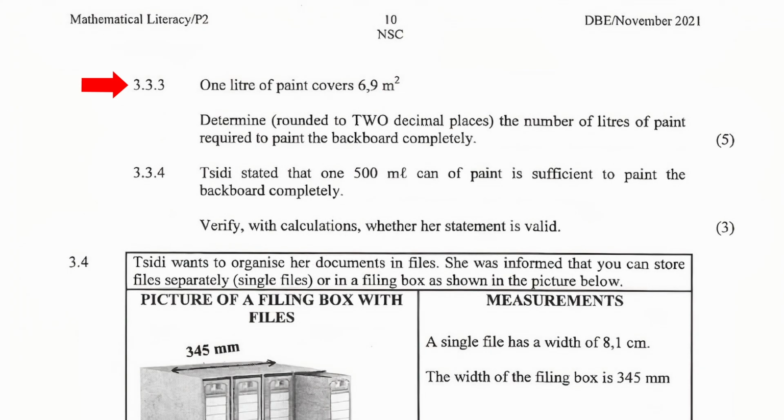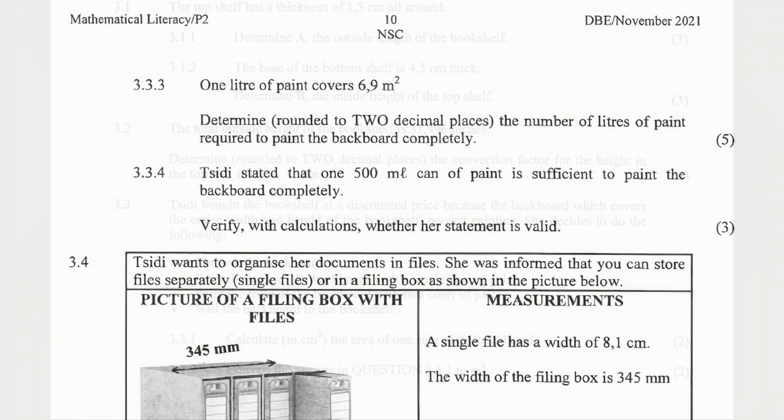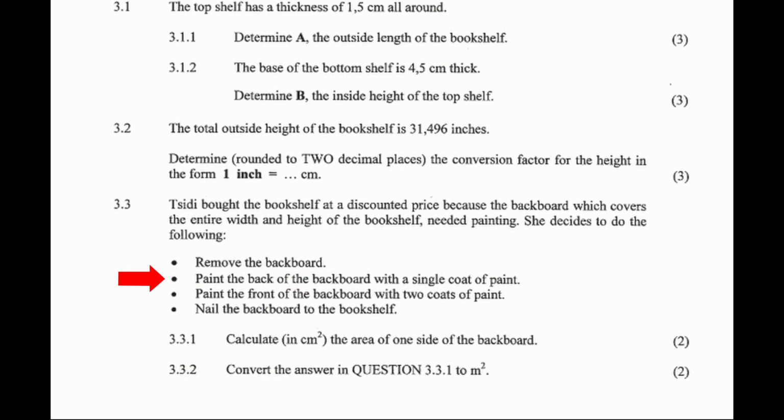Question 3.3.3. 1 liter of paint covers 6,9 square meters. Determine, rounded to 2 decimal places, the number of liters of paint required to paint the backboard completely. From question 3.3, the back of the backboard will be covered with 1 coat of paint and the front of the backboard will be covered with 2 coats of paint.